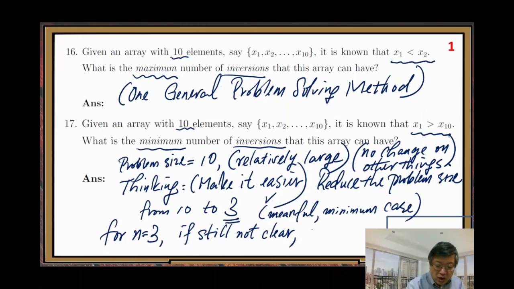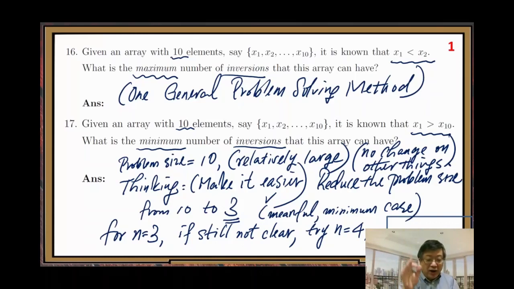Then you may like to try n equals 4 to give you more study cases, more experience, more observation. As much as you can, then at some point you should be able to get the solution for larger problem sizes.